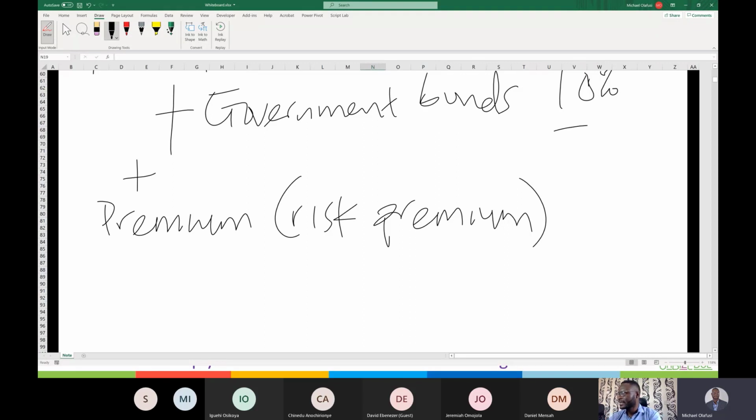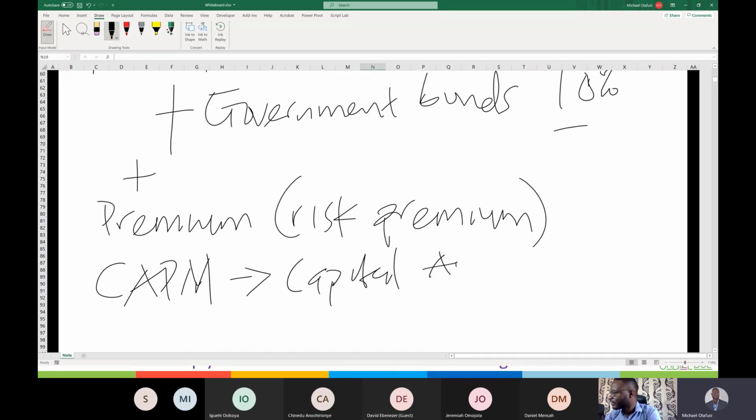So how do we typically evaluate this risk premium? That's where everything goes into subjective. The risk-free rate, objective. Everybody agrees on that methodology. When it comes to premium, there are all kinds of approaches. You know, there is the CAPM, capital assets pricing model.